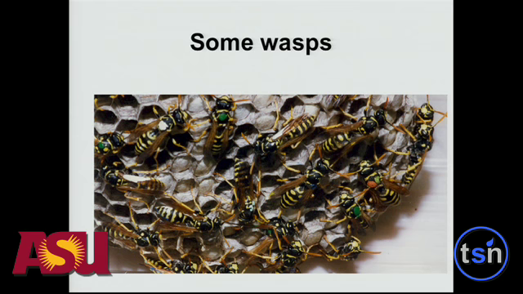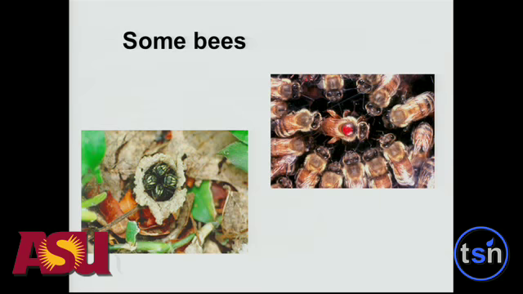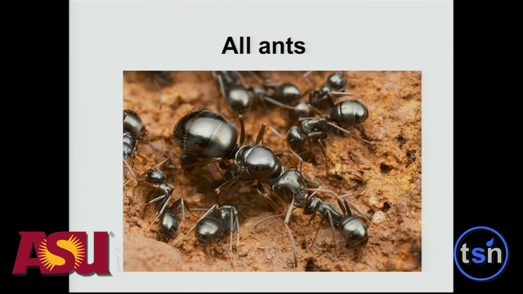By this argument, you might argue, if you want to go higher or lower, that we are not a very highly social species. Well, what is? Some wasps, not all wasps, there are also solitary wasps. Some bees, here I show a honeybee and a stingless bee, there are also solitary bees, so not all bees.